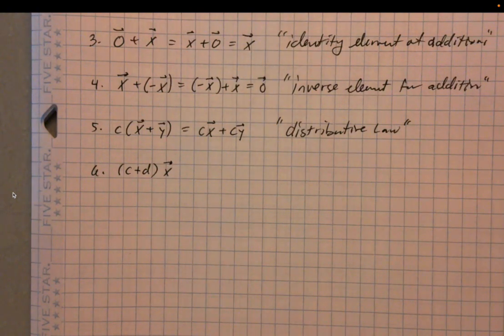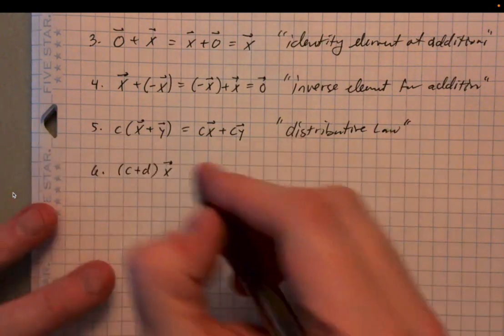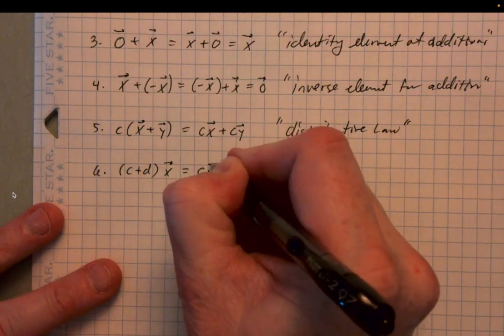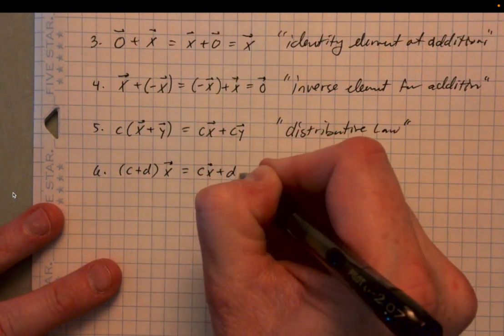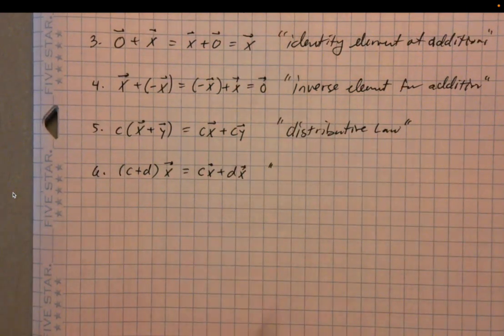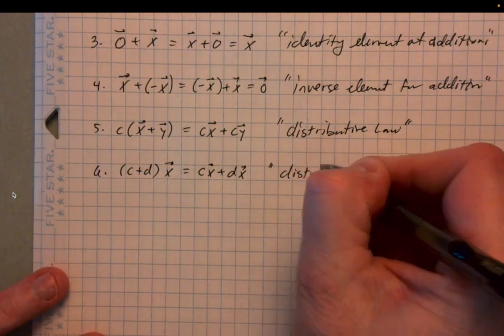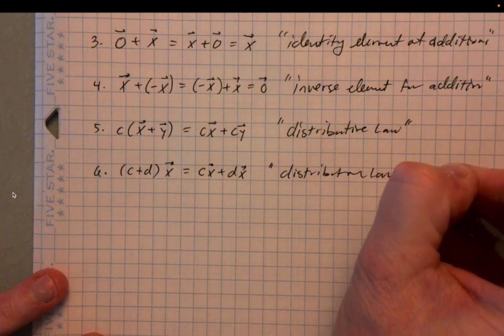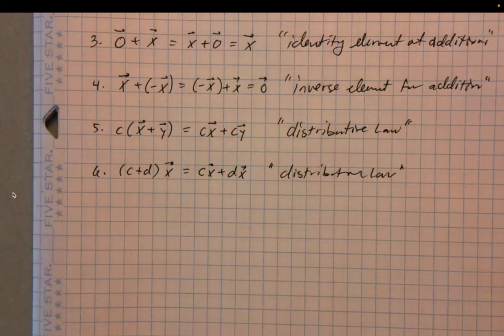Up above I had two vectors and a scalar, right? But this would be equal to c times x plus d times x. This is again the distributive law. And sometimes people refer to this as multiplication over addition.